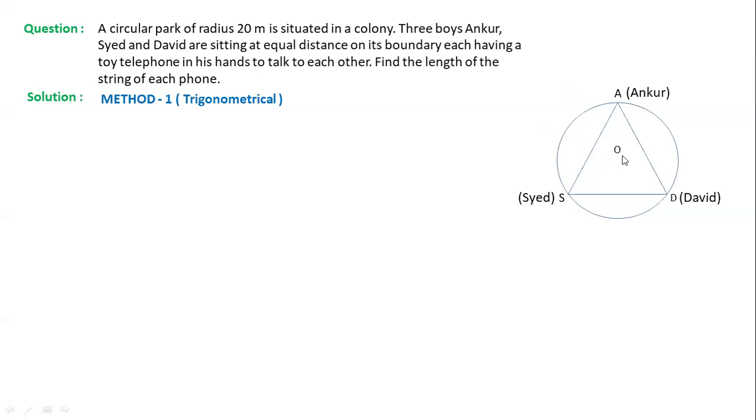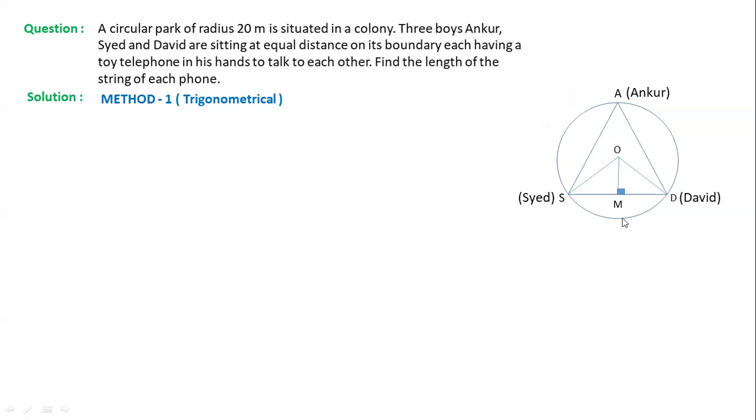Now this is the center of the circular park. First, let us draw the radius: center, join it to this, and then from the center draw a perpendicular. Here this is 90 degrees. Because this is 90, these two triangles will be congruent, which I'll explain.